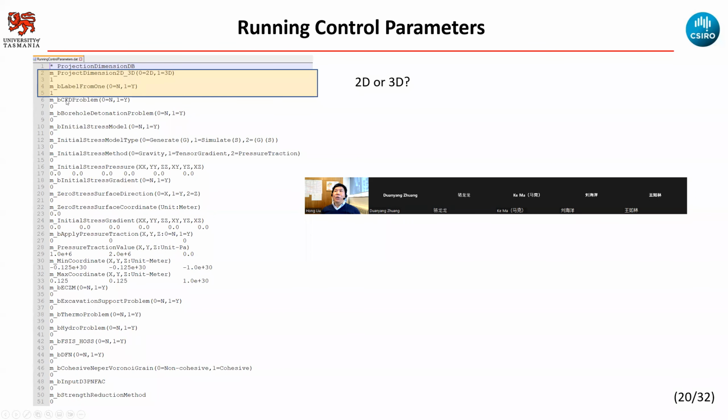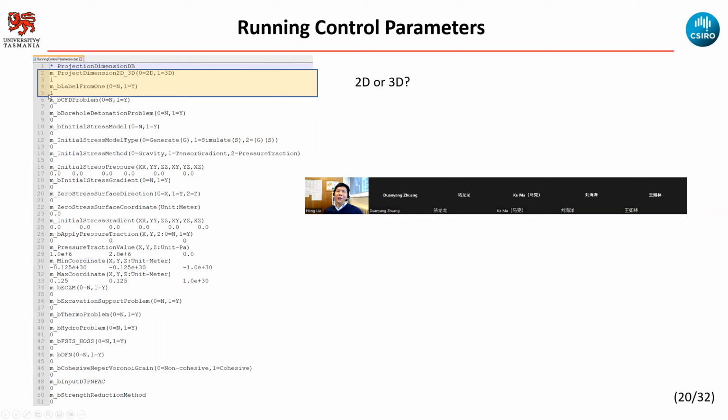So we can control, like in C++, the array always starting from 0, 1, 2, 3, and so on. But in our case, the node number and element number always start from 1.